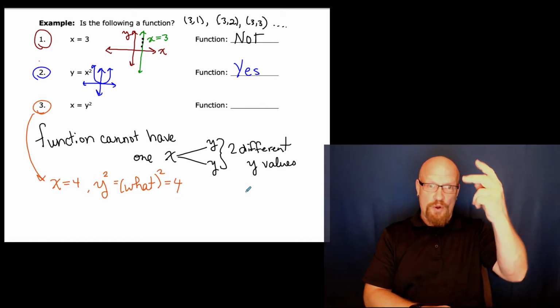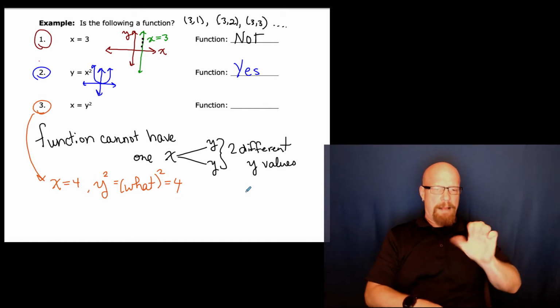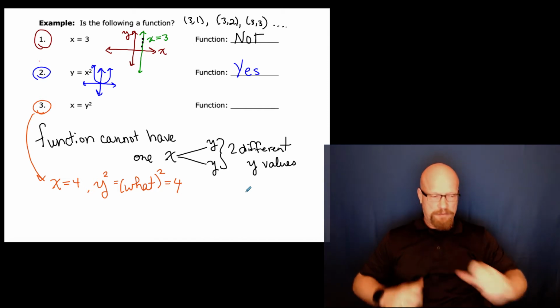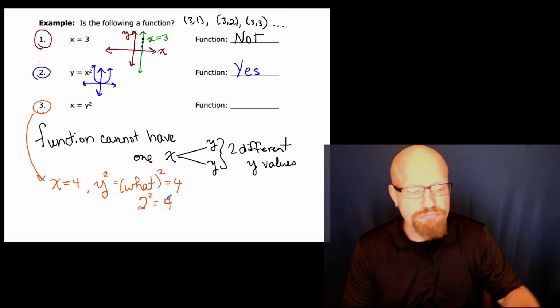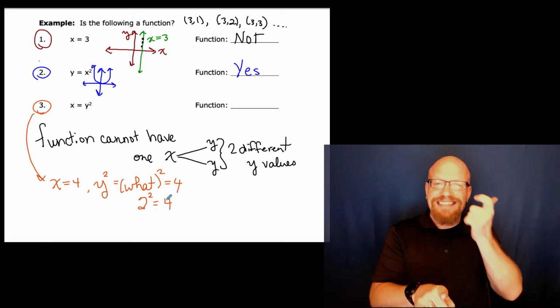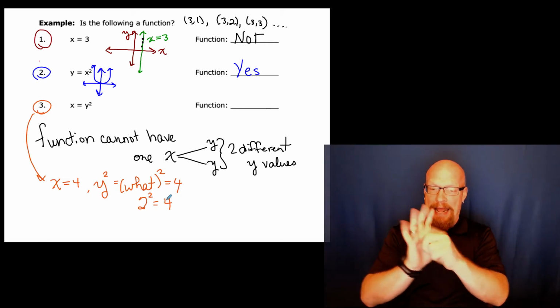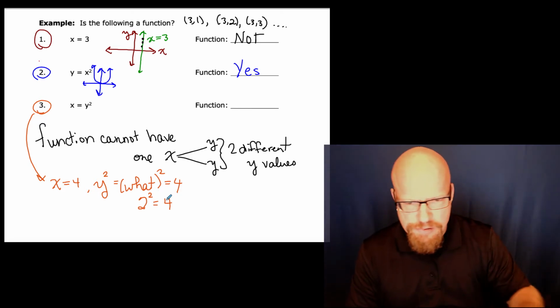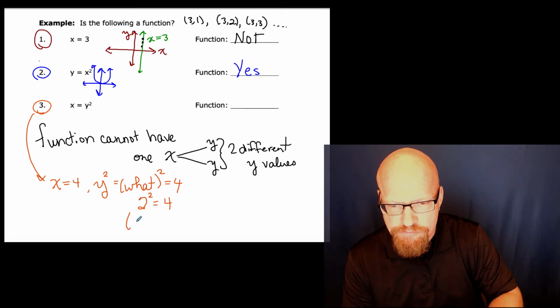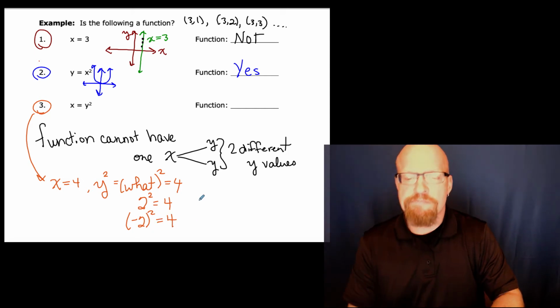Now, if you know how squared numbers work, you know 2 squared equals 4. And also, as I explained recently, -2, the whole quantity squared, equals 4 as well.